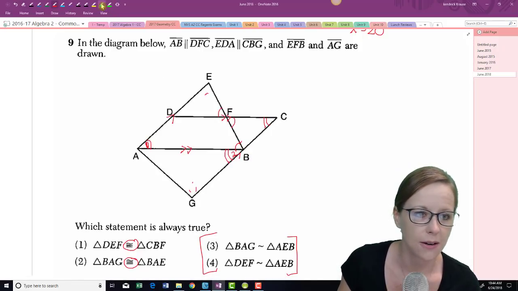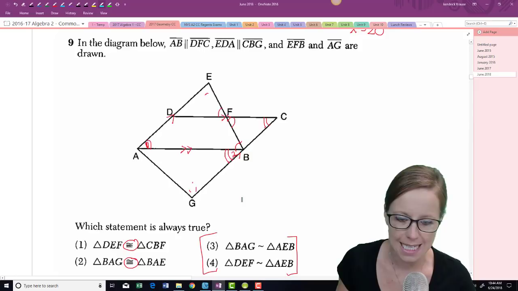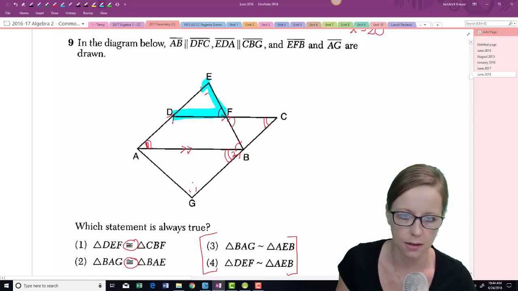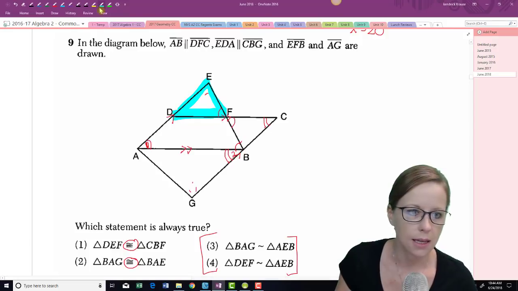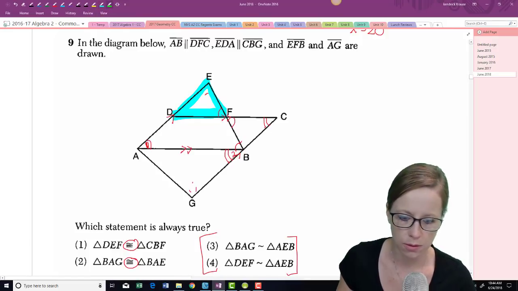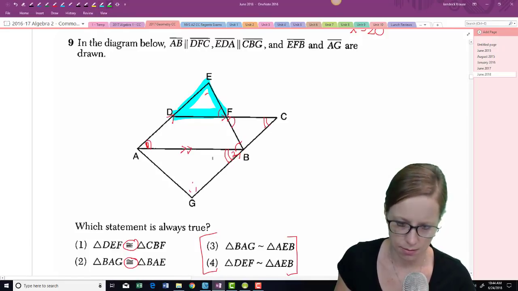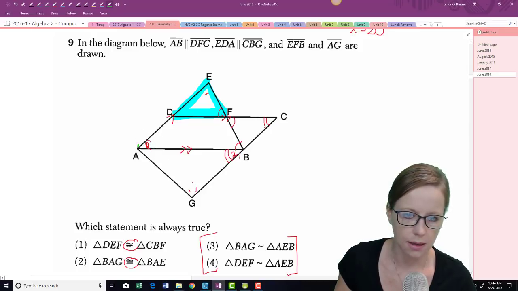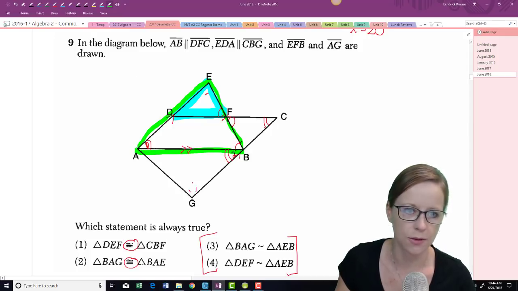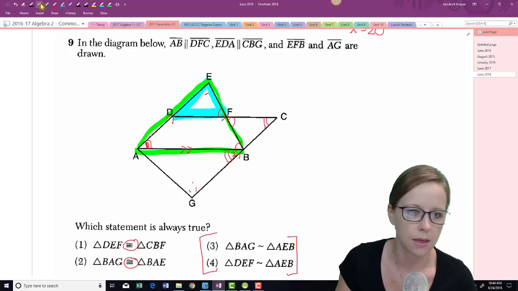Now it says DEF. DEF is this little guy. Is that similar to AEB? Does that seem likely? Yeah, you've seen that picture 1,000,007 times.